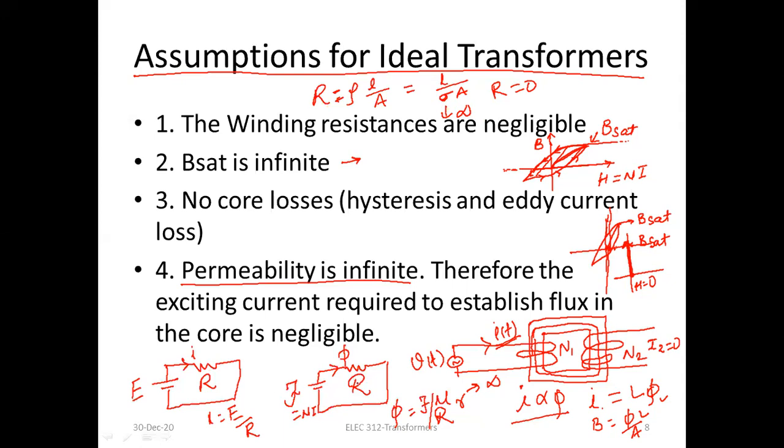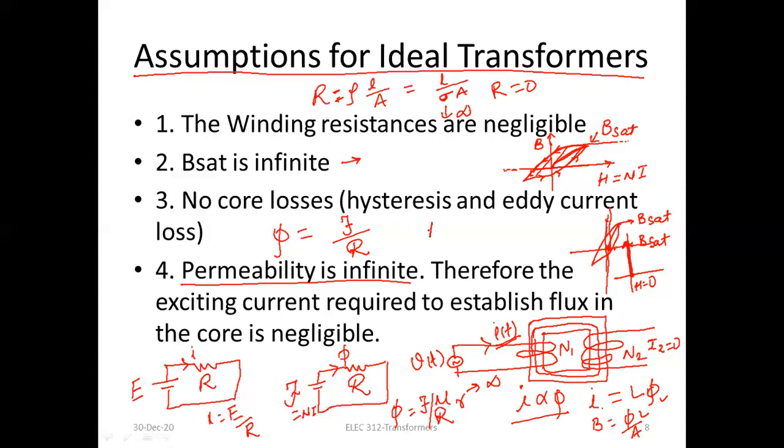The same rule we can apply here for the flux. Flux phi equals MMF divided by reluctance. So if your reluctance is very, very small, the flux will be very, very high.